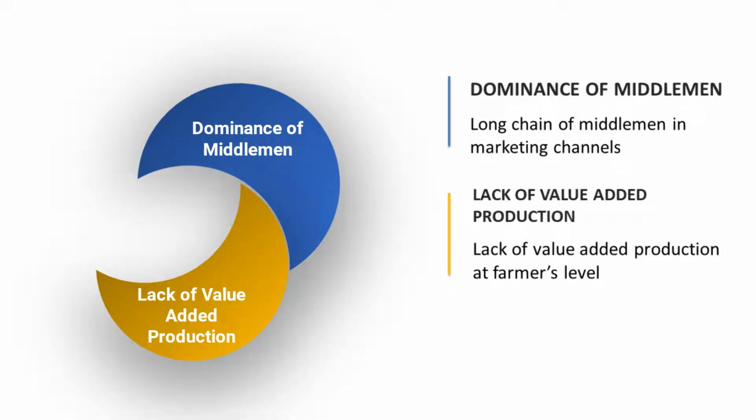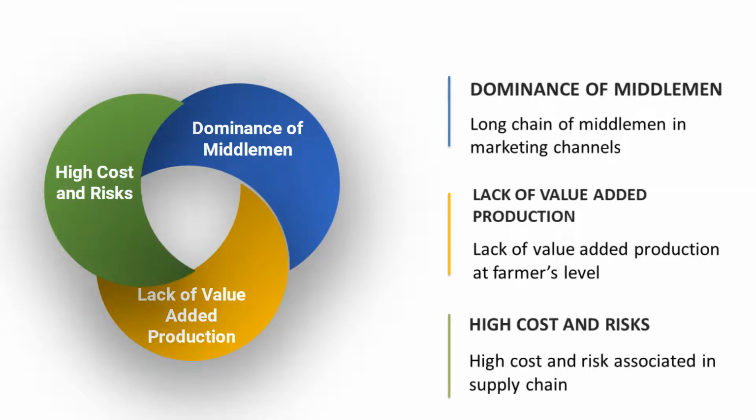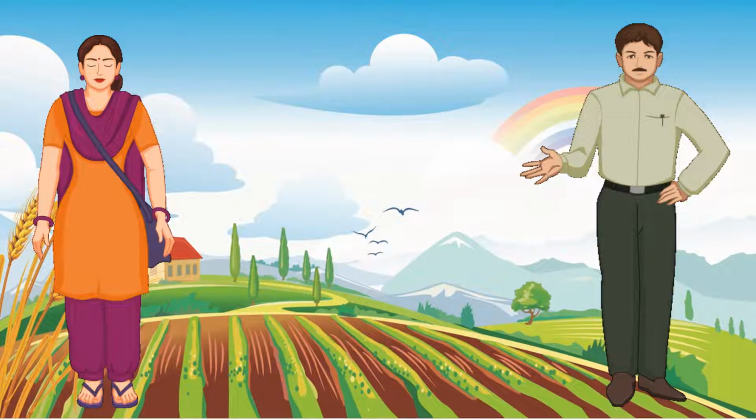Lack of value addition at farmers' level, high cost and risk associated with procurement, aggregation, sorting, grading, storage, and transporting to markets. Thank you, Sarla. These are very key reasons.